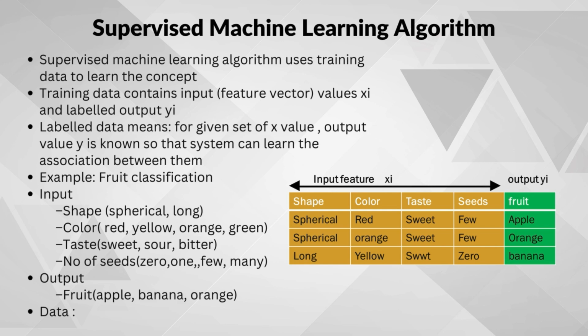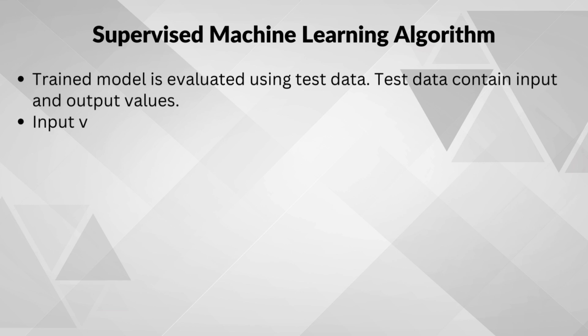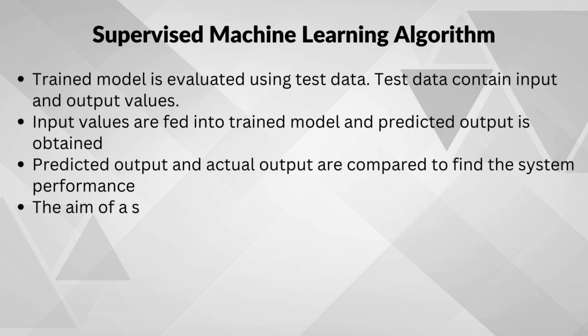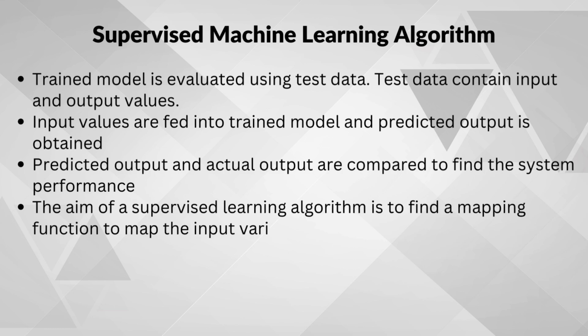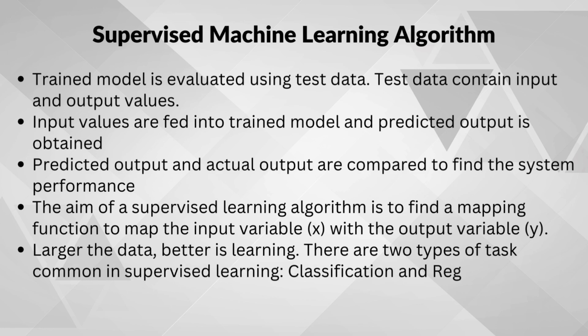The data is used to train the model and then it is evaluated using test data. Test data also contain input and output, but we only feed input data to the system, and then the trained model gives us the predicted output. This predicted output is compared with the actual output and results are compared to find the accuracy of trained model.